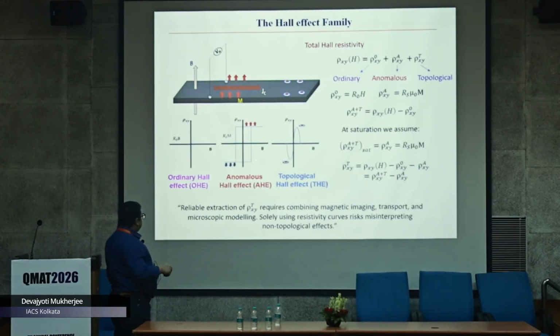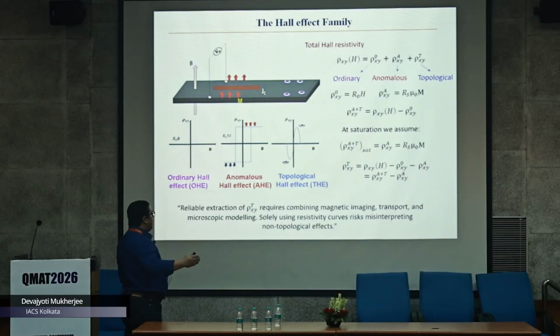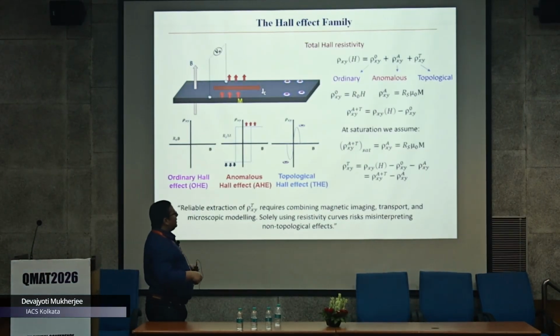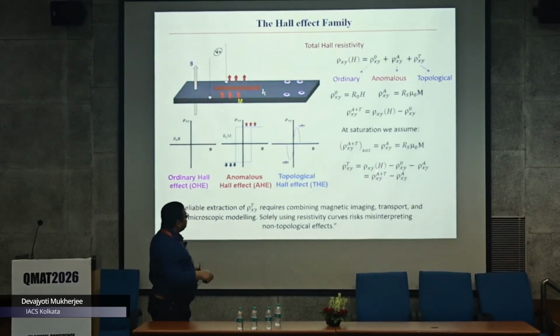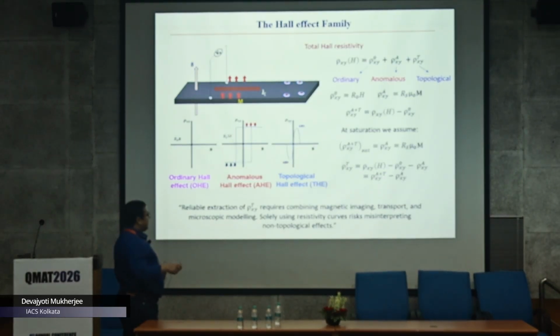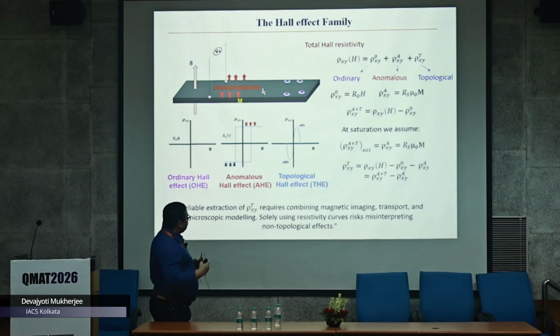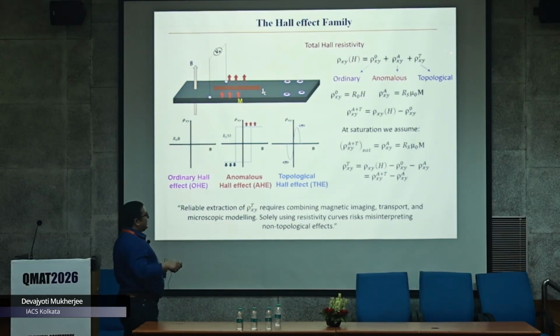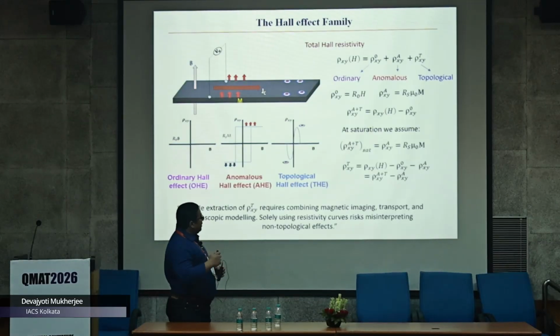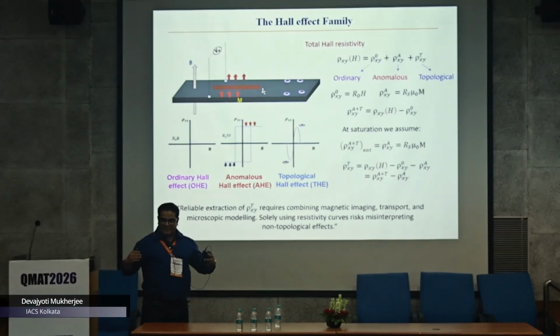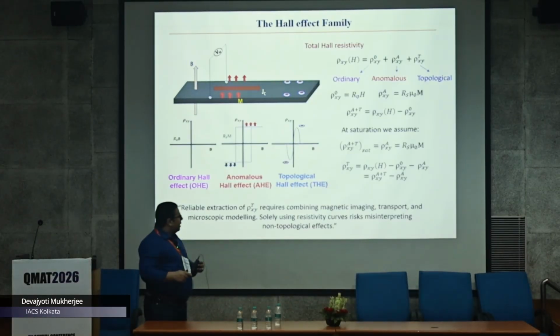These things were discovered by Edwin Hall in 1879, 1881, but then for the longest time, this third member did not arrive. This is the topological Hall, and this was discovered around 2009 in works of Tokura and other people, where they observed that there could be another Hall effect, essentially coming from non-coplanar spin textures which can be existing in a magnetic material.